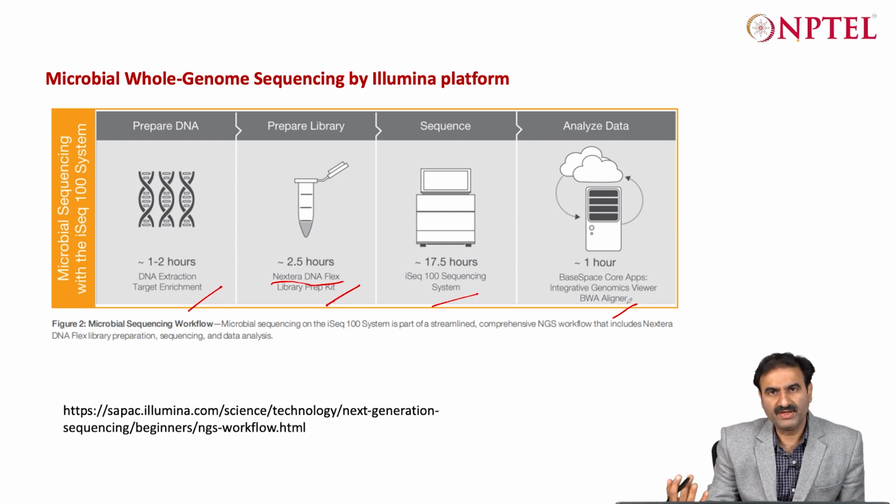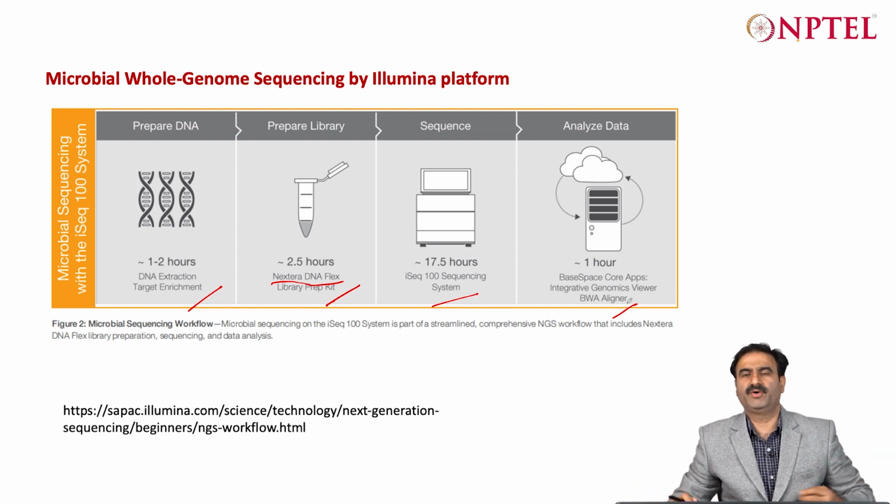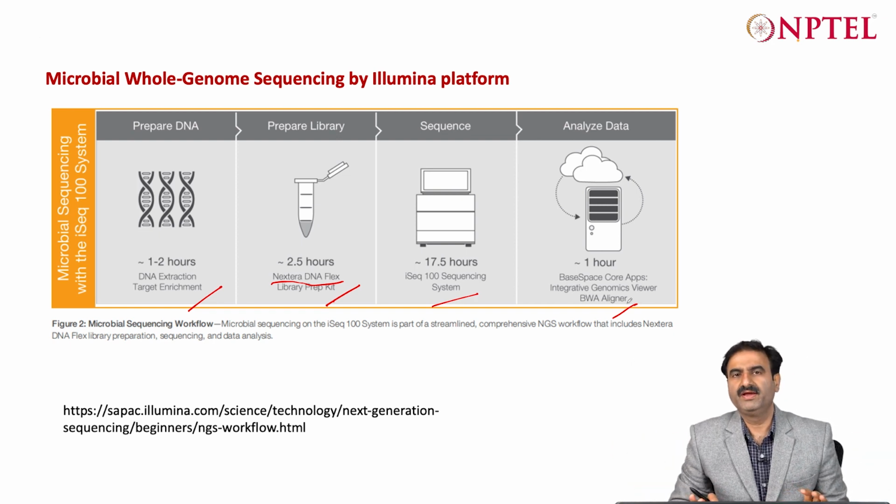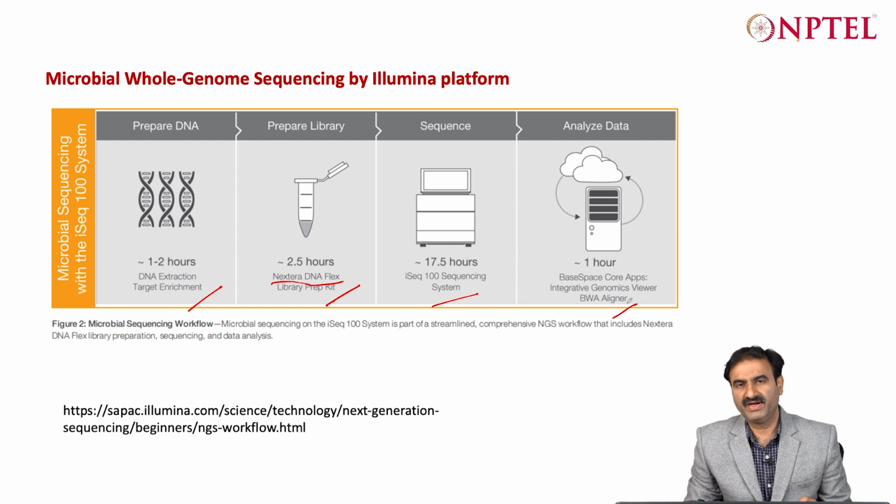It will do the standard genomic analysis of the data and report the results in about an hour. So today we have the pipelines ready for quicker, faster, reliable and robust sequencing, as well as the assembly and analysis of the genomes.